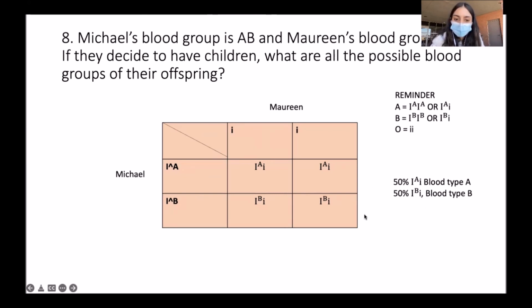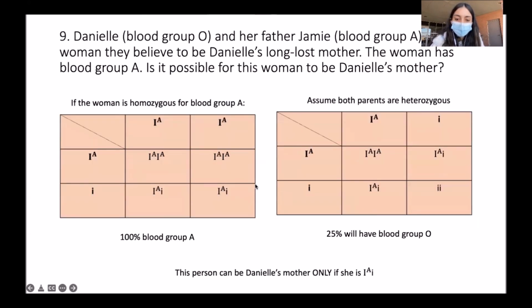And then for this question, we know Danielle has blood group O, and her father, Jamie, is blood group A. They believe that they found Danielle's long lost mother, and they want to do this Punnett square to find if that's her real mother.